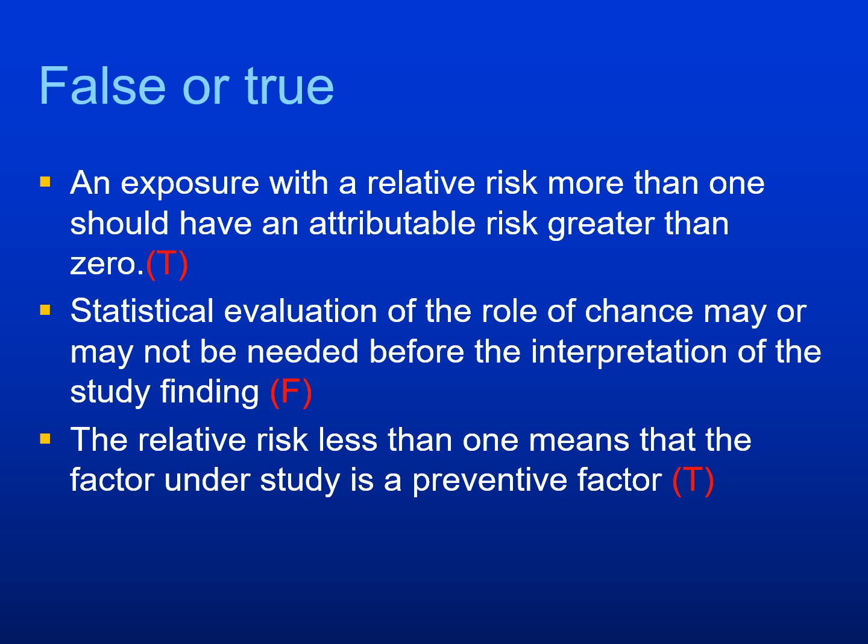We have to make some statistical evaluation to find out if it is significant or not significant. The relative risk less than 1 means that the factor under study is a preventive factor. Yes, this is true, because the disease was higher among those who were not exposed.